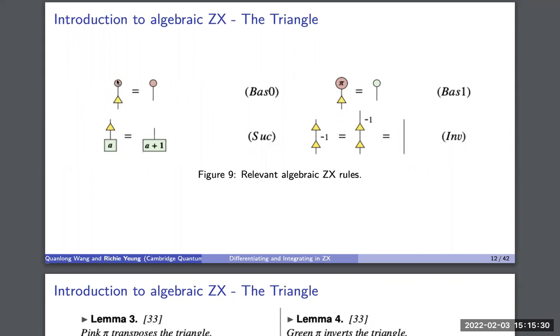It maps the 0 state to the 0 state, and it maps the 1 state to the plus state, the Hadamard state. It also acts as the successor function. The transpose of the triangle acts as a successor function to the single-legged green box. And the triangle is invertible.